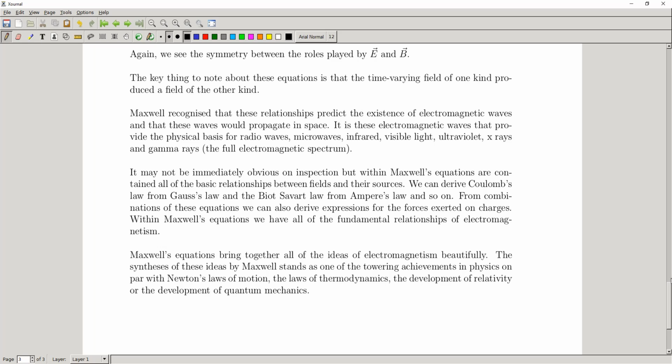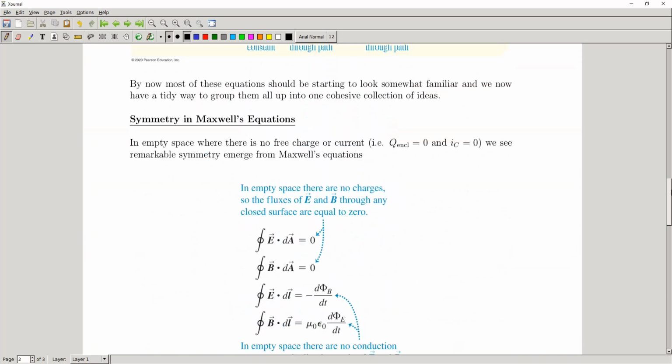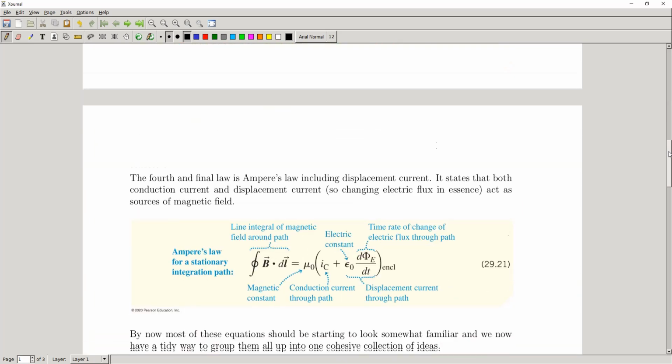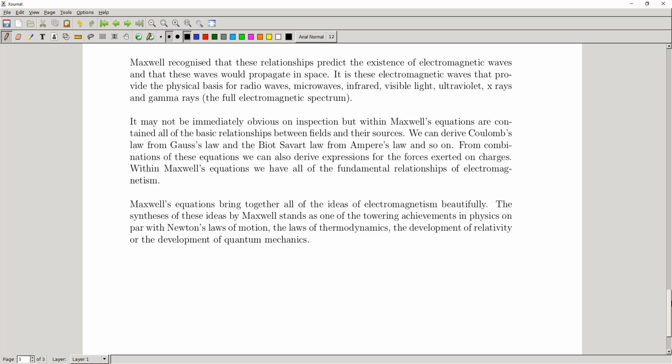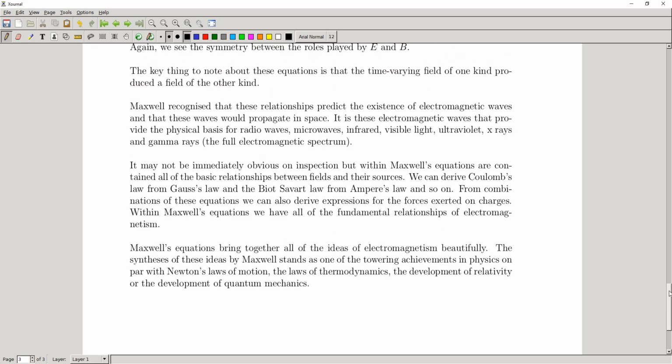And it may not be immediately obvious on inspection of Maxwell's equations, so we only really have these four equations. But from Maxwell's equations, we can derive all of the basic relationships of the fields and all of their sources, right? So we can go back through and we can derive Coulomb's law from Gauss's law.